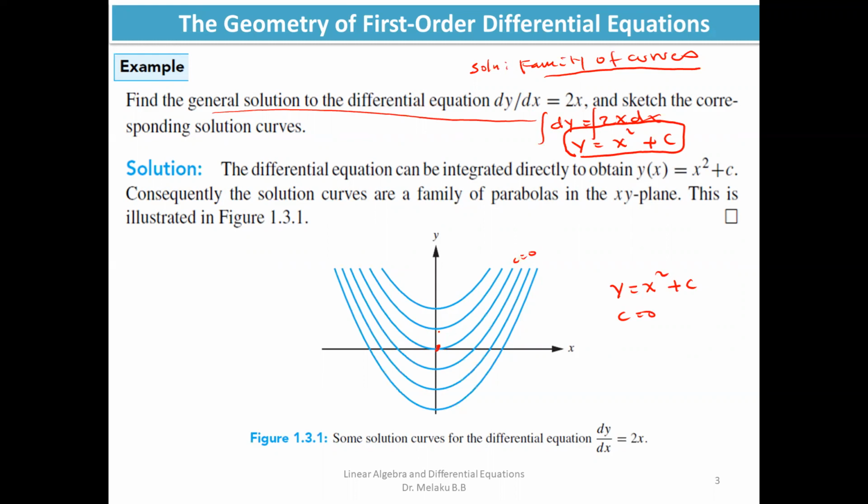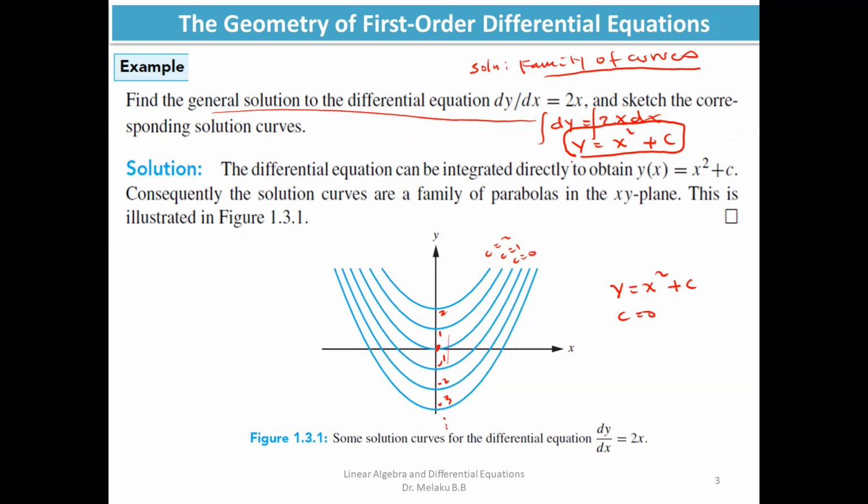In case this one is 1, this will be when c is equal to 1. If this one is 2, this will be when c is equal to 2. And this will be c minus 1, c minus 2, and minus 3, and so on. For different c values, we have different parabolas.